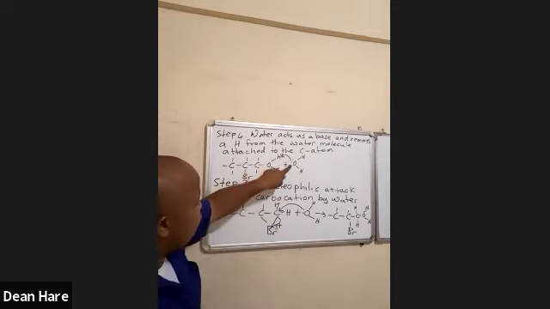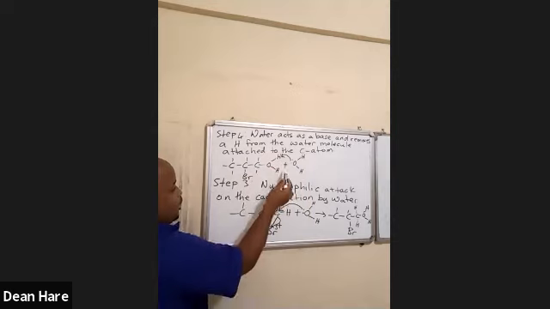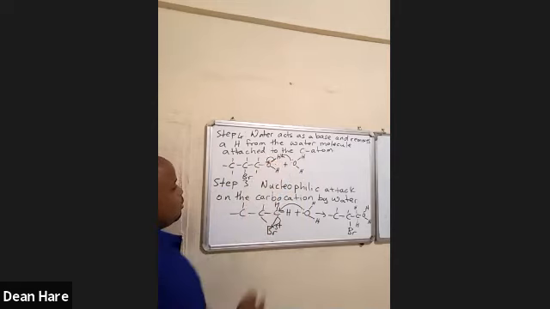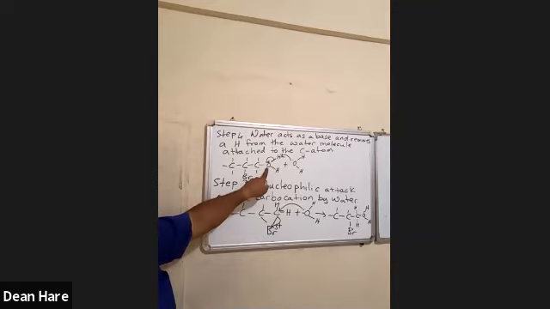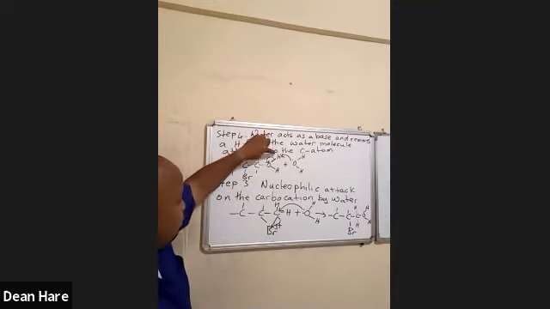Remember, every time you do a nucleophilic attack, a bond must break. So when you attack this hydrogen, the electrons in this bond go to the oxygen atom. So this water here is forming a bond with this hydrogen, and so the bond between this oxygen and this hydrogen is broken.